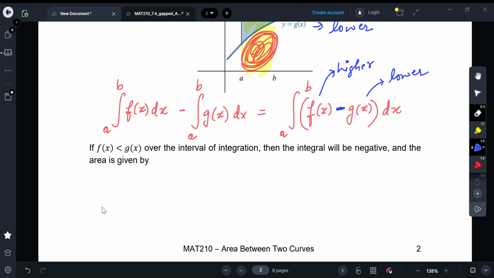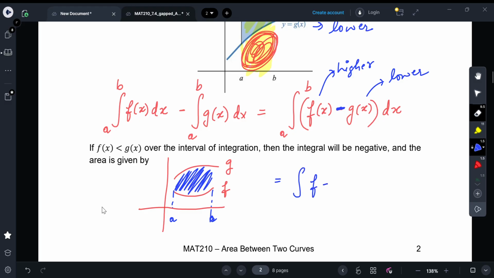For example, if your graph would look like this. If this was your function, this is your other function, this is g, and this is f. If f is below g and you want to find the area in the middle, but you decided, oh, I'm not going to do g minus f, I'm going to do f minus g, this will give you a negative answer.